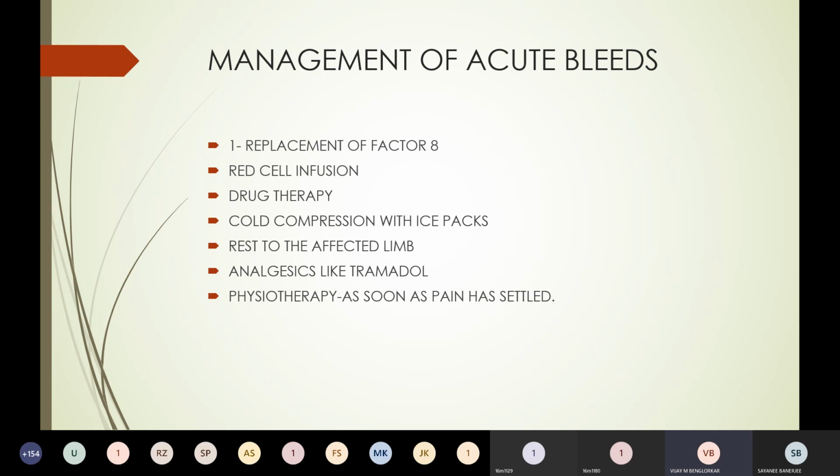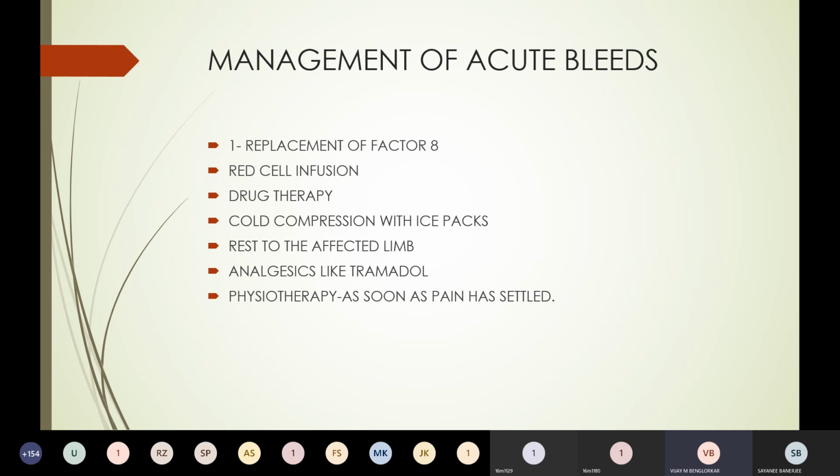Cold compression with ice packs. Use drugs like paracetamol or tramadol to relieve the pain. And if there is any bleeding, you can give red cell infusion, whole blood infusion, or if factor VIII is available, factor VIII can be given to the person.